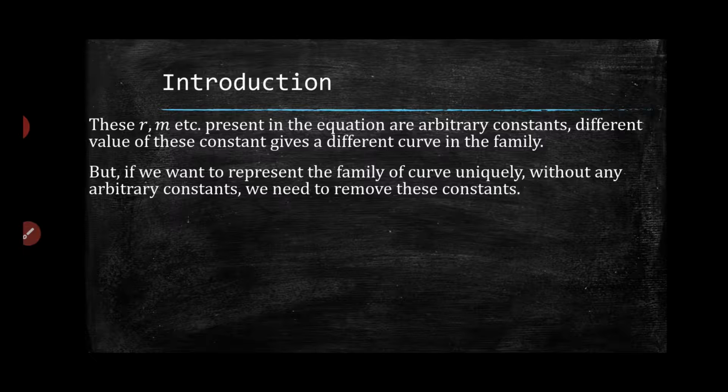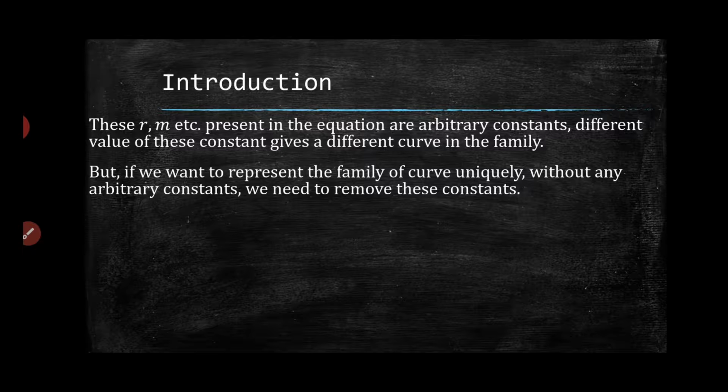So as I go on changing the value of r, I am going to get the different members of the family. Now here comes a problem, that this r is an arbitrary constant. So to get the different members of the family, I have to go on changing the value of r. Now if I want to represent all the members by a unique equation or a unique formula which is going to be devoid of the arbitrary constant, devoid of the arbitrary constant means there should not be any arbitrary constant.